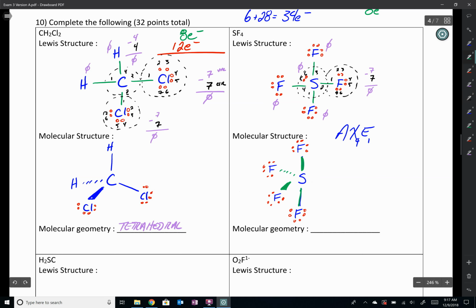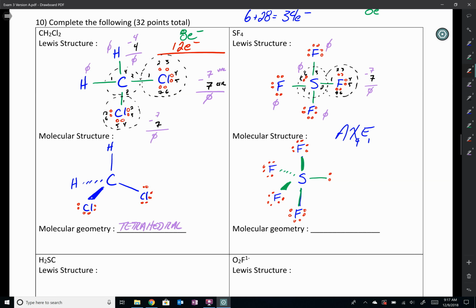I kind of write in both ways. The reason why I show you this way is because, remember, I told you that if you know the 5 electron pair geometries, then you can just substitute in whatever you want around those atoms. So you have to know those 5 structures, then you can just fill in whatever you want. So it's just kind of a shorthand way of doing it. I'm not going to be that picky about things, right? Either way is fine.